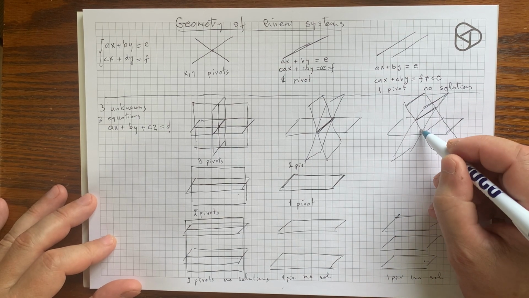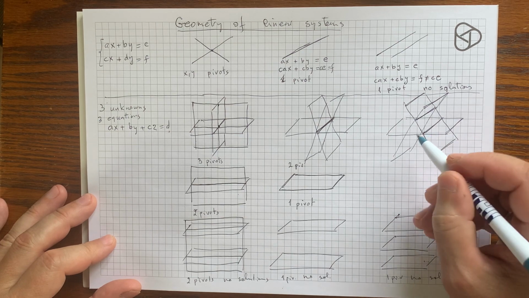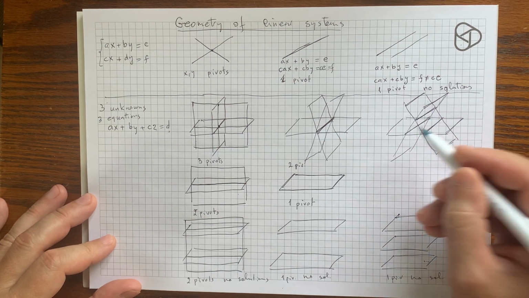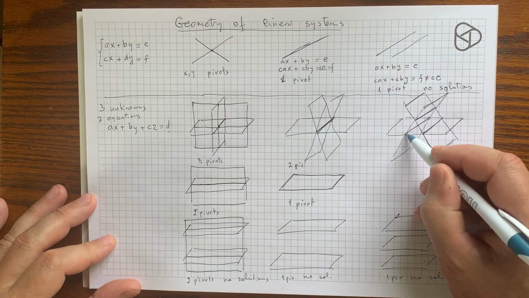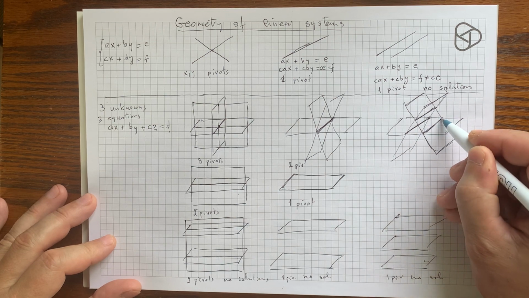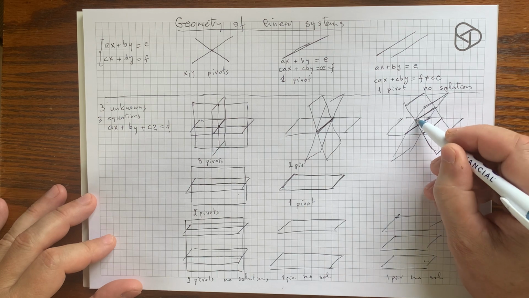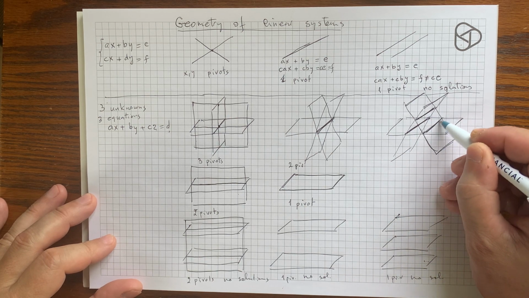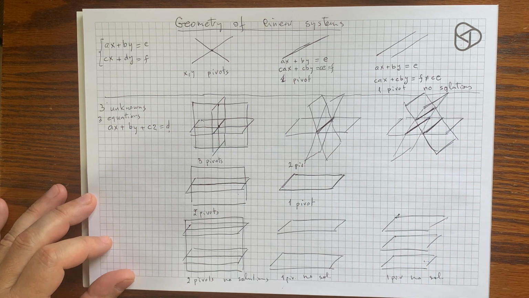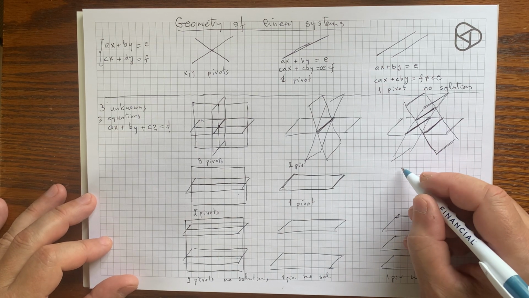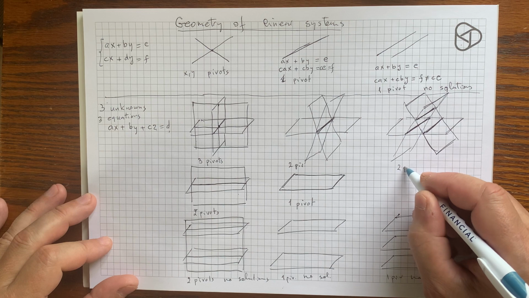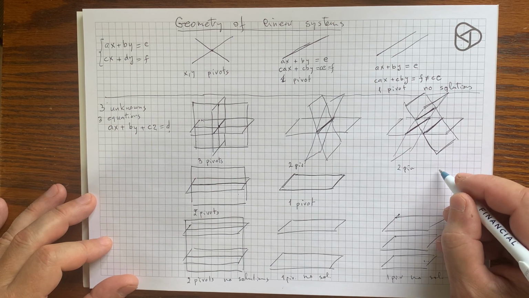Flat plane and this tilted plane will intersect along this line, and the remaining two intersect along this line. So we'll have three parallel intersection lines for each of two of our planes, but these intersection lines are parallel and they don't meet. And that means that although we have two pivots, we still have no solutions.